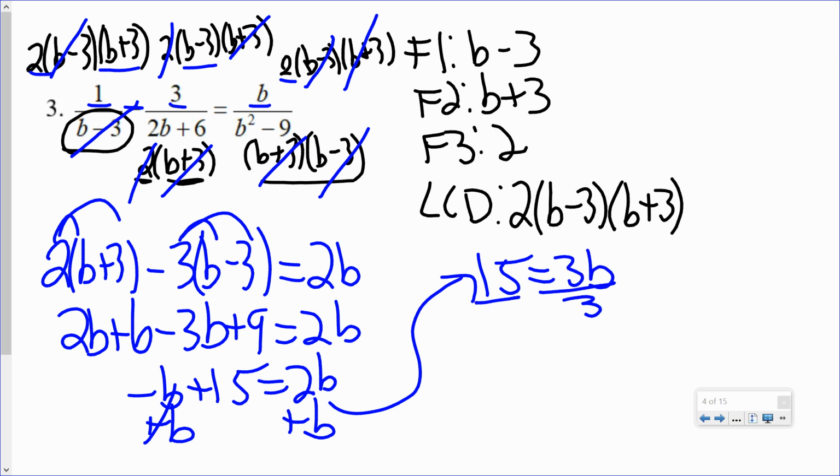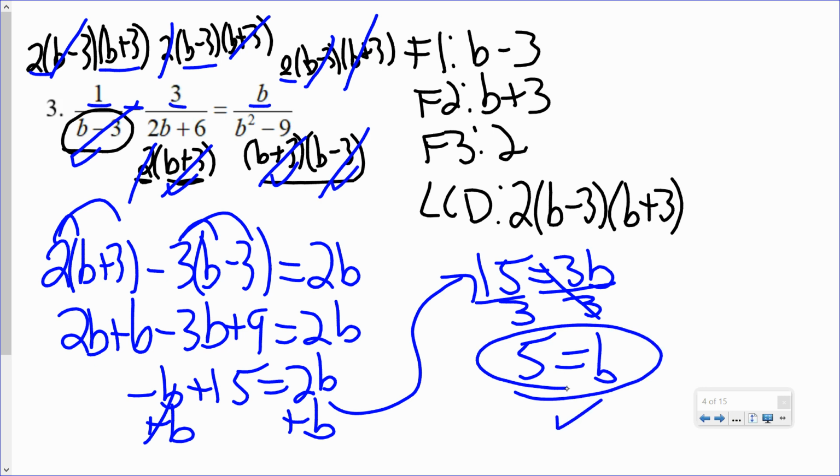I isolate, divide by 3. b is 5. I check. Will 5 make any of my denominators equal to 0? Well, 5 minus 3 is not 0. 5 plus 3 is not 0. It checks. That's your answer.